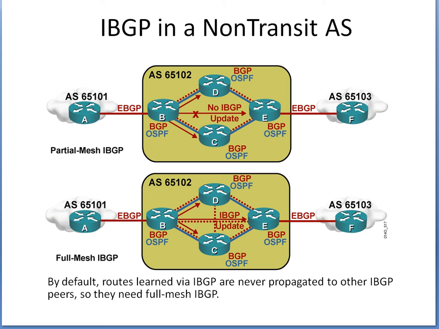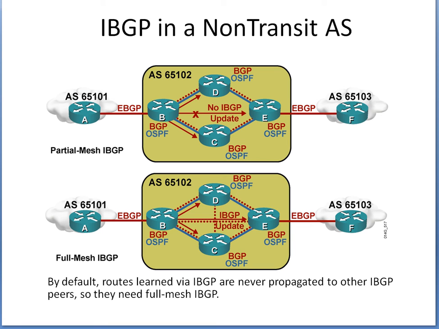Next is IBGP in a non-transit autonomous system, meaning how IBGP behaves when it learns the route from eBGP. Routers B and A are eBGP peers because they belong to different autonomous systems, and here it is partially meshed.